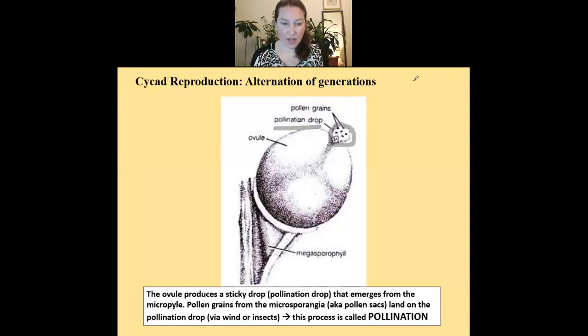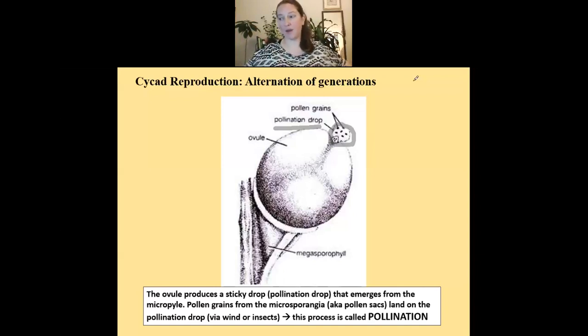What does it say here? The ovule produces a sticky drop, the pollination drop that emerges from the micropyle. Pollen grains from the Microsporangia, aka pollen sacs, if they're lucky, will land on the pollination drop. And this process is pollination.